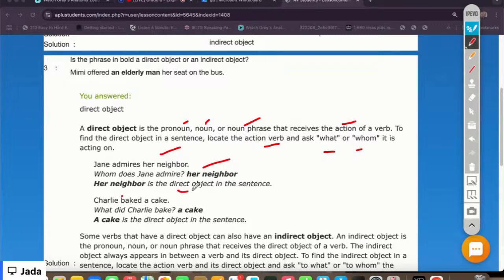Her neighbor is a direct object in the sentence. All right, so what or whom is it acting on? And then you can ask the question, whom does Jane admire?